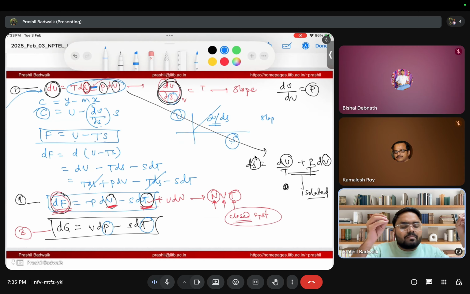If I keep a beaker containing water here at room temperature, temperature is constant, pressure is easy to control. If it is easy to control, then what is the free energy? It is the Gibbs free energy that will tell whether the system will go from system A to system B, correct?